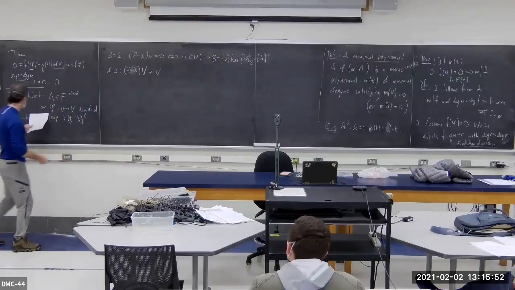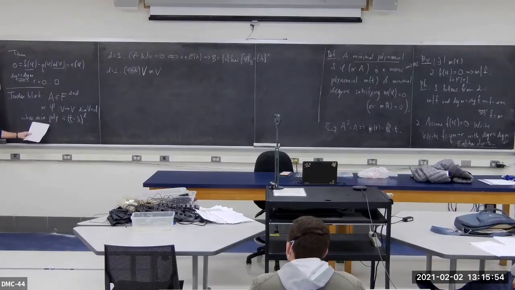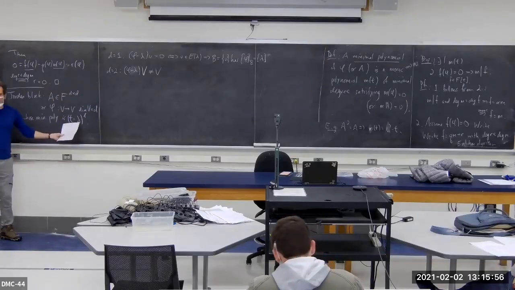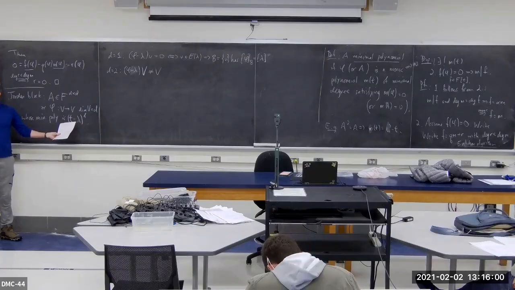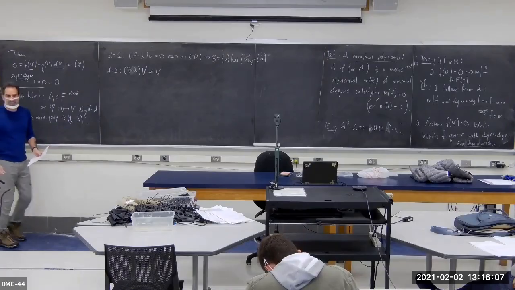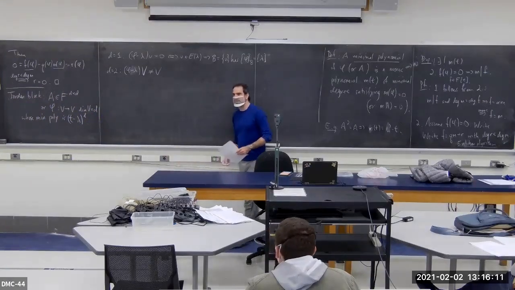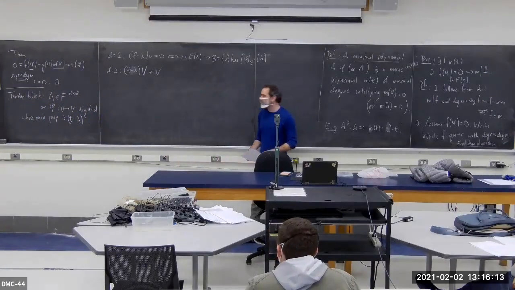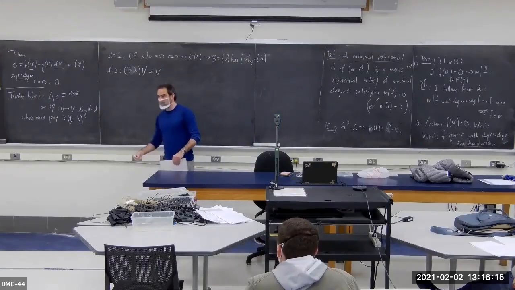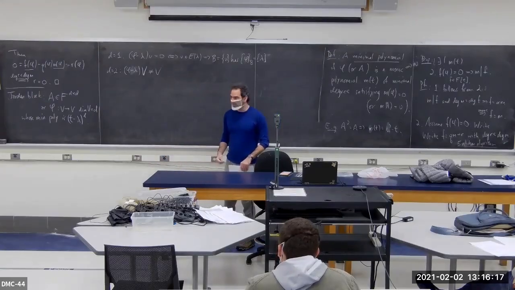Look at the definition of Jordan block here. The minimal polynomial should be (t minus lambda) to the d, so here we're talking about (t minus lambda) squared. So (phi minus lambda) squared should be 0.